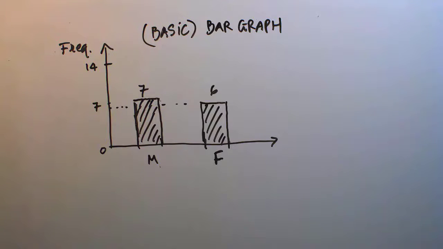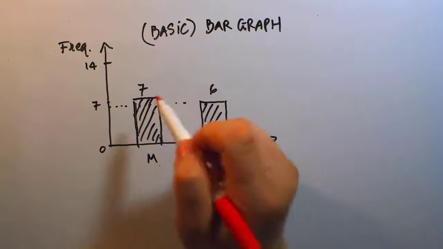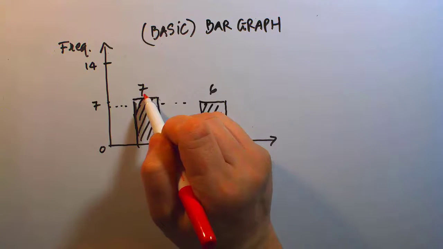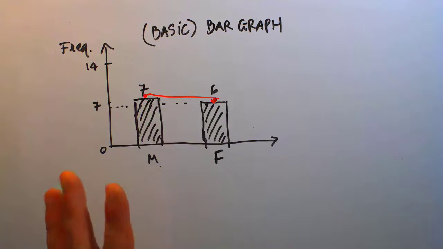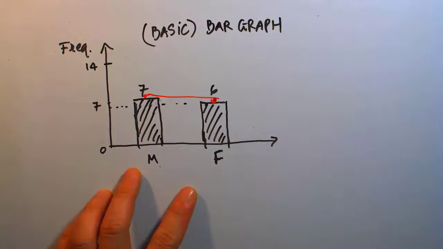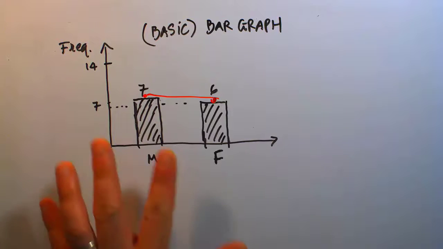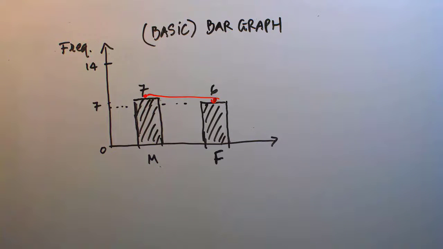So I've seen common mistakes regarding this basic bar graph right here. First of all, people try to put a line that connects the tips, because in the end a bar graph does look like a histogram a little bit. I mean, it does have the vertical bars rising up and down right here, some bars high, some bars low.